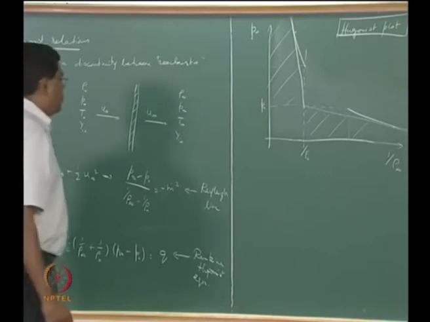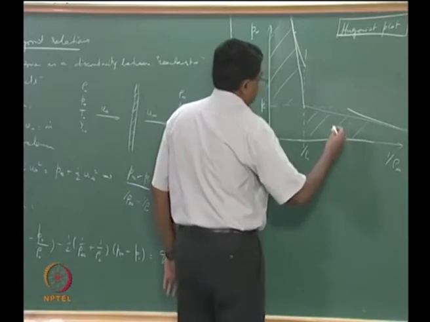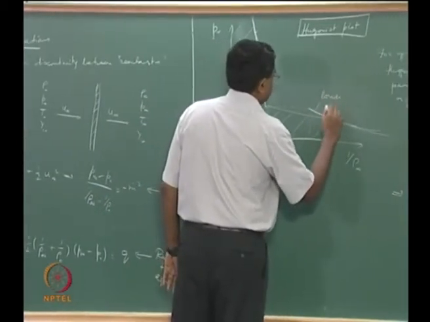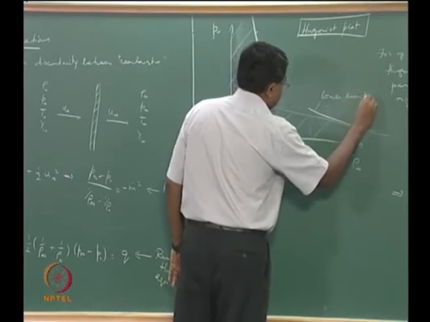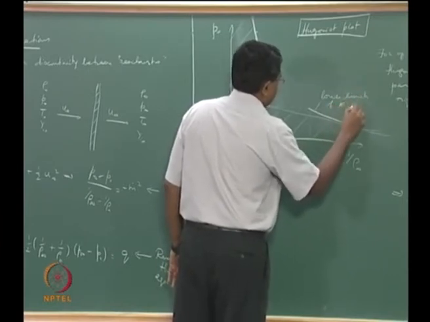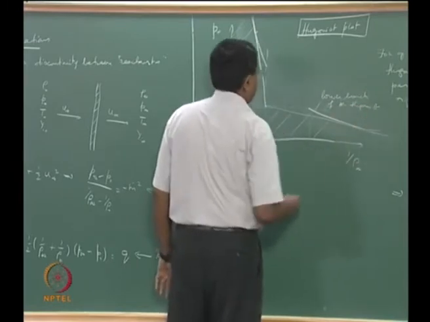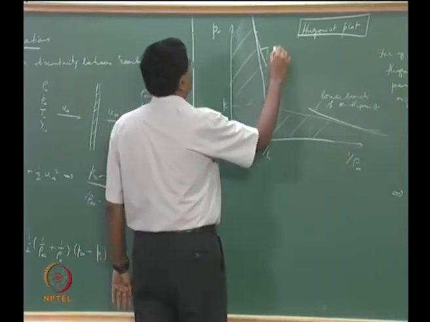So what you then have is, this is what is called the lower branch of the Hugoniot, and this is what is called the upper branch.